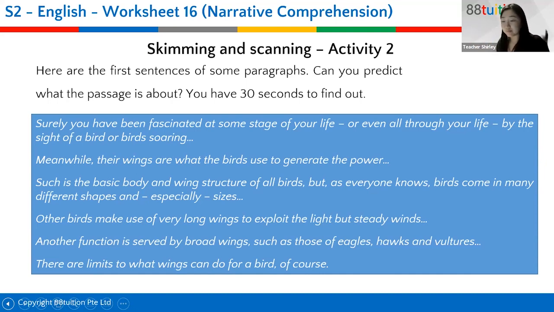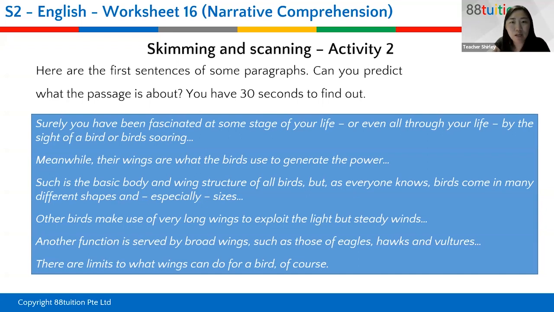Okay, time's up. Right. So anyone can tell me what this passage is all about? Okay, who's the first person who answered? Kietming. Kietming says birds and their wings. Very good. Who was that? Elavenil. Yeah.